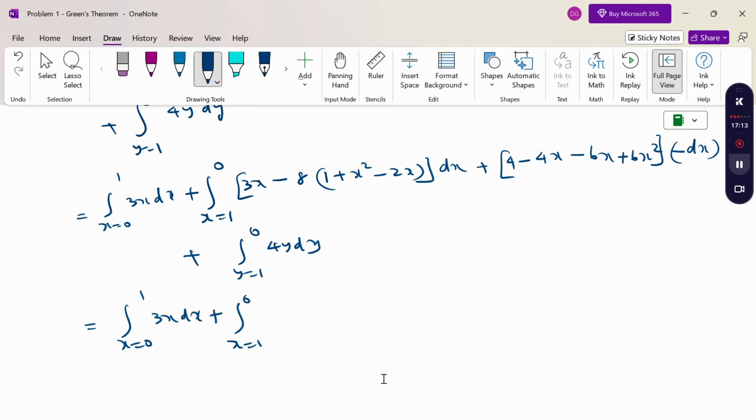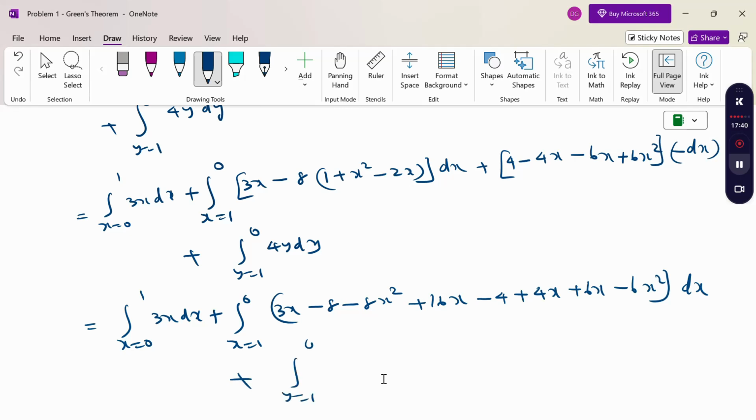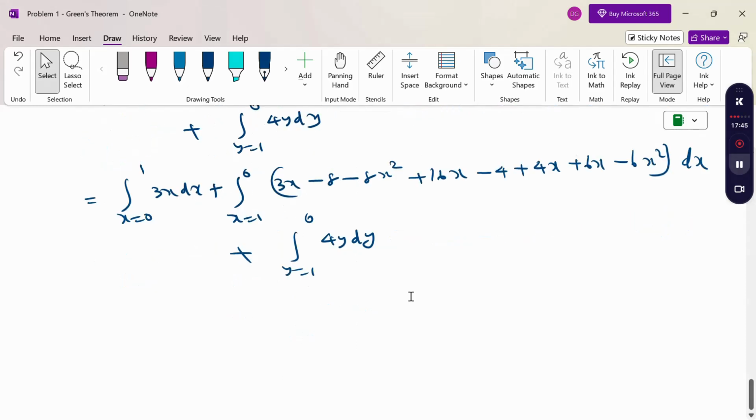Taking dx common, we get 3x minus 8 minus 8x squared plus 16x, and then minus 4, because I am taking the minus common, minus 4 plus 4x plus 6x minus 6x squared, into dx, then plus y from 1 to 0 of 4y dy. Then simplify the squared terms.